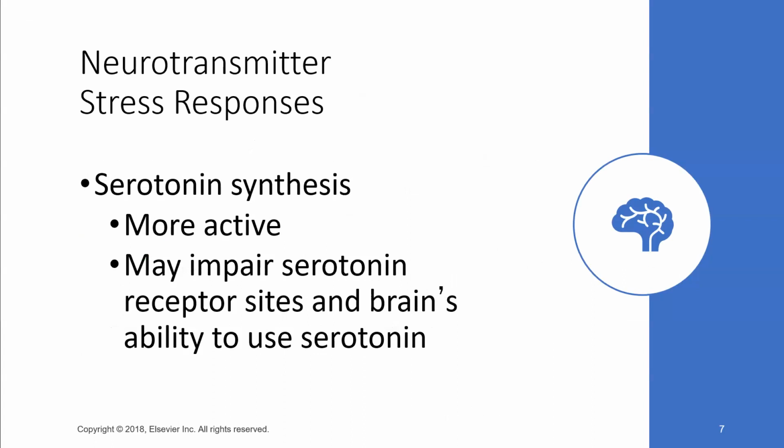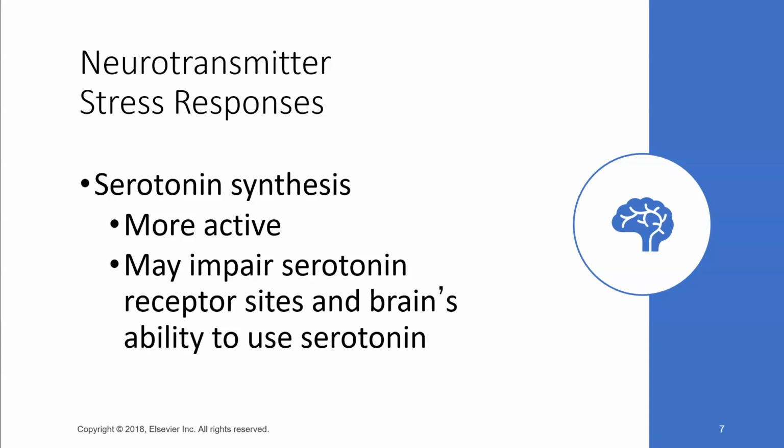So, neurotransmitters in stress, serotonin synthesis. We see more active serotonin. And from your previous lectures, you know serotonin: mood, sleep, sexuality, appetite, aggression, metabolism. It's even one of our main neurotransmitters implicated in depression.